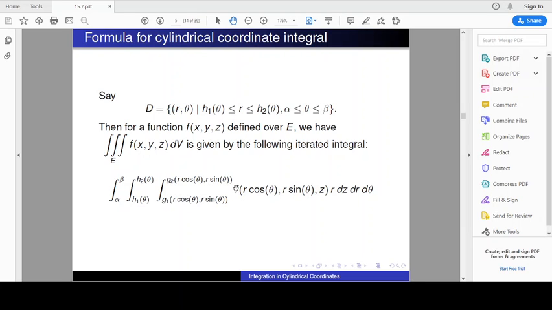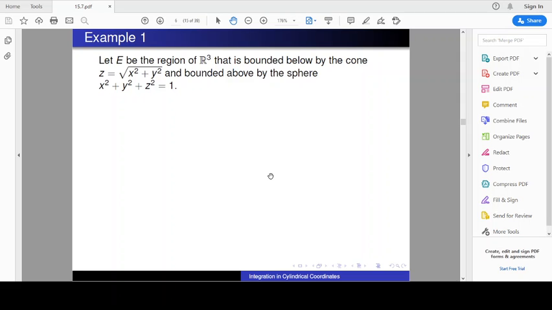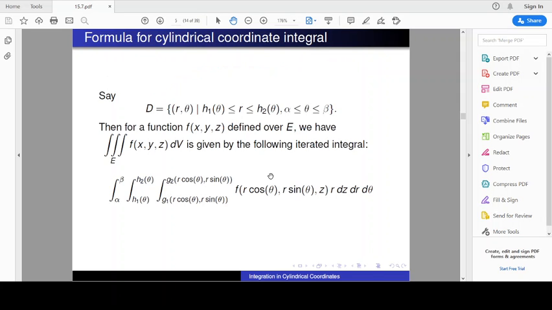And again, when we take f, we have to evaluate f at not x, y, z, but r cosine theta, r sine theta, and z. And again, we have to multiply by this Jacobian determinant r to account for some kind of warping of volume between the cylindrical coordinate space and ordinary rectangular space. So this is the formula.